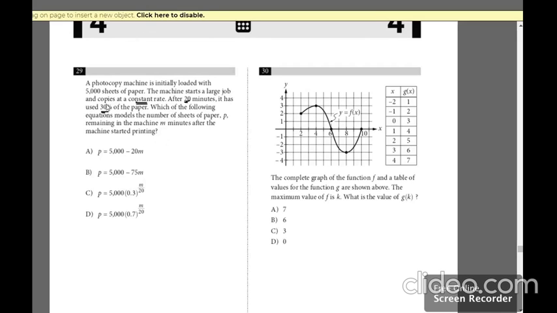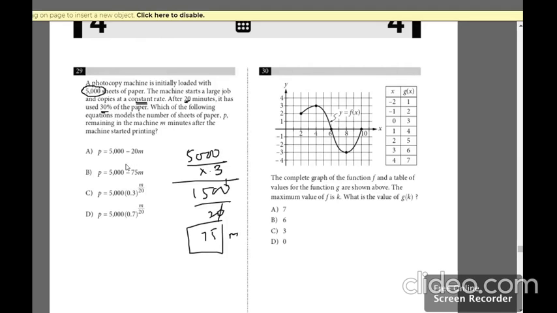So coming back to the question, you have 5,000 sheets, 30%, that is 0.3, which gives you 1,500, and then over 20 minutes, if you divide by that, you get 75 per minute. So our option would be option B. This rules out the others because it's definitely going to be linear, as it is constant.